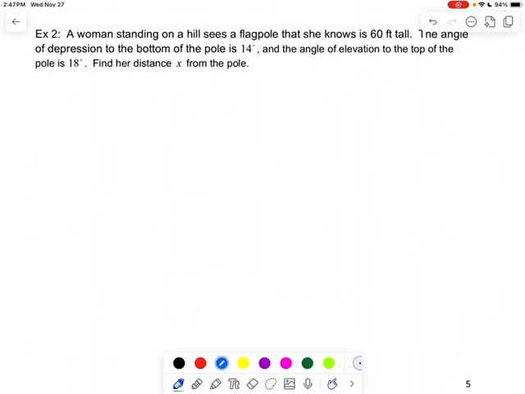The angle of depression to the bottom of the pole is 14 degrees and the angle of elevation to the top of the pole is 18 degrees. Find her distance x from the pole.